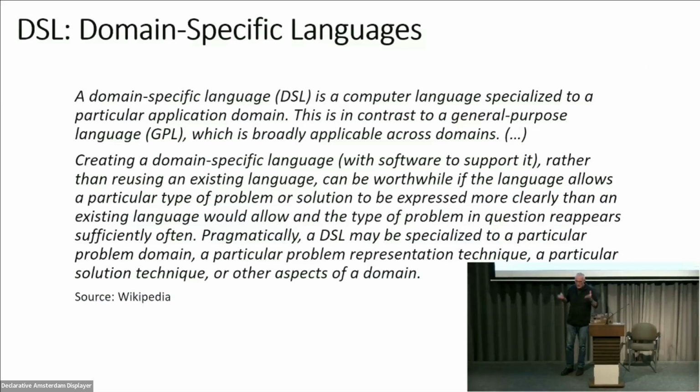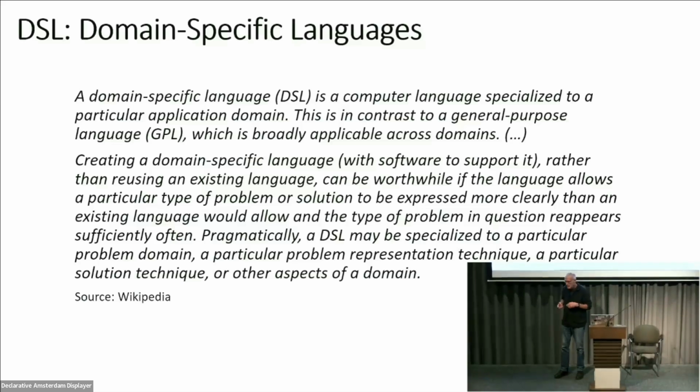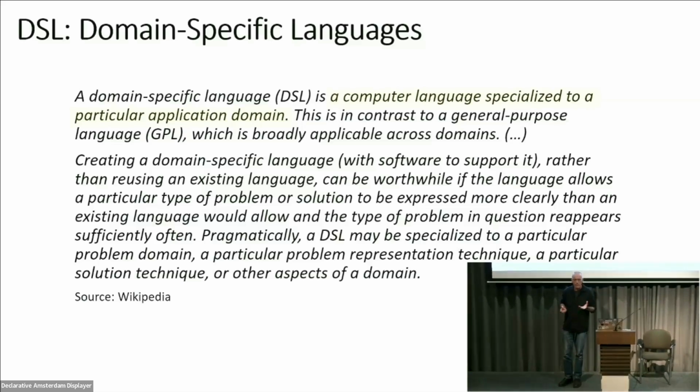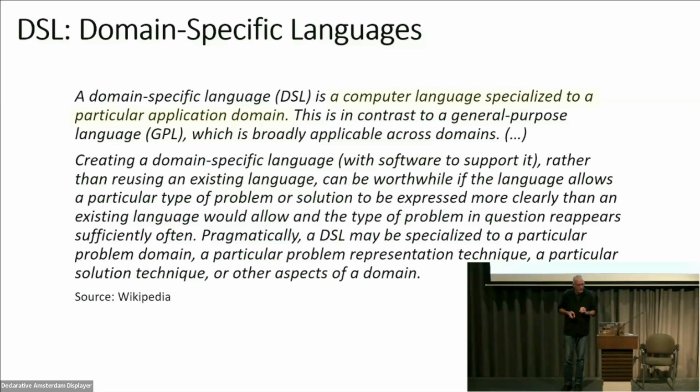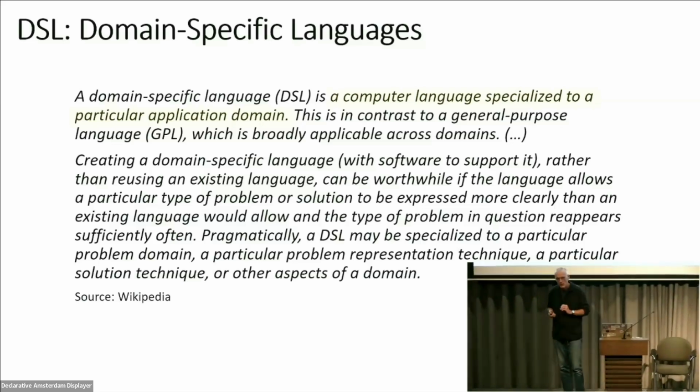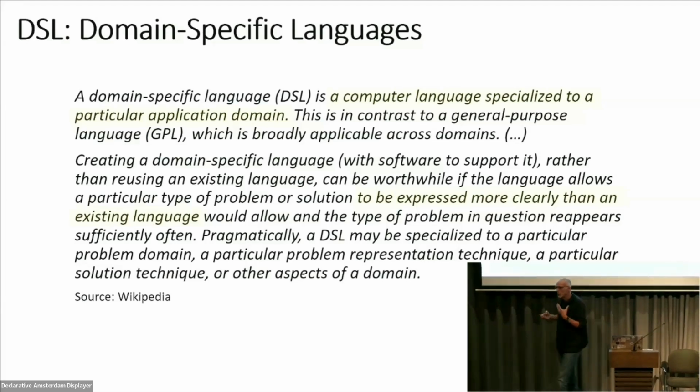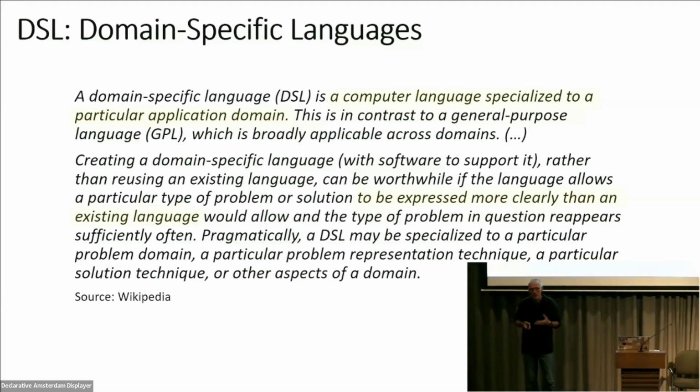Domain-specific languages. What you see here is what Wikipedia says about it, a bit shortened. And let's take out some bits. What is a DSL? A DSL is a computer language which is specialized for a particular domain. So it's in contrast to general purpose languages. And it allows you to express what you want to express for your domain much more clearly than you can do in a general purpose language.